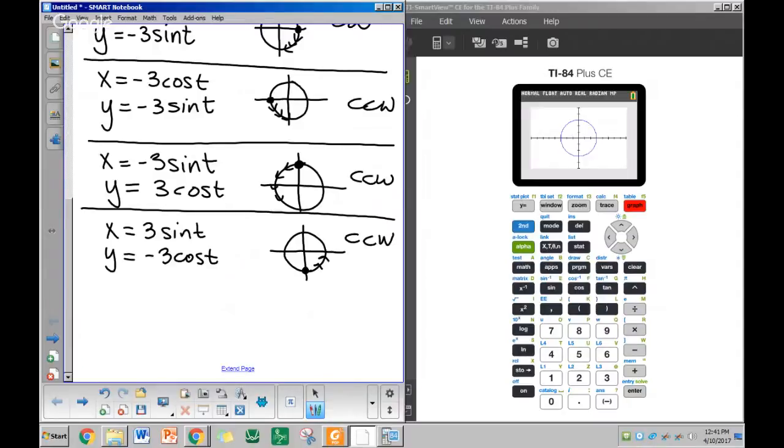So interestingly enough, what's happening here? It starts on the top when the y is positive, but it starts at the bottom when the y is negative. Interesting. And then the last iteration of this would be they're both negative.